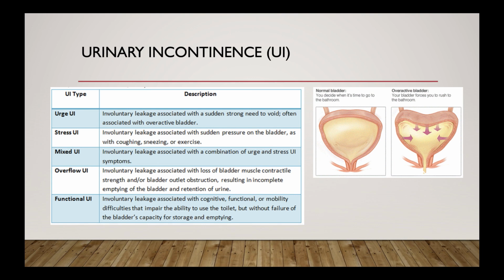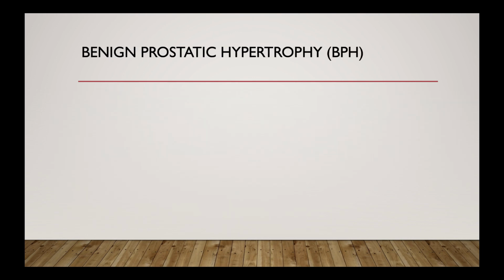This obstruction ends up with the backflow and buildup of urine in the bladder that ends up causing pressure, and a little bit will leak out through what small area it can get out through the urethra. And then we have functional urinary incontinence, and this can be cognitive, or it can be due to a spinal cord injury. There are a lot of neurological reasons that patients have issues with urinary incontinence, and that's called functional urinary incontinence.